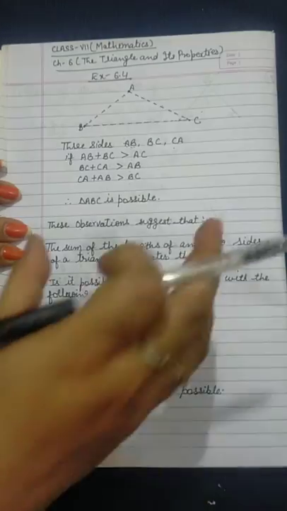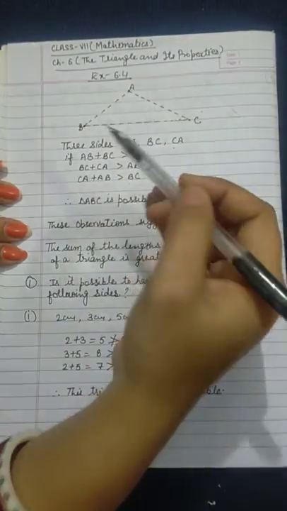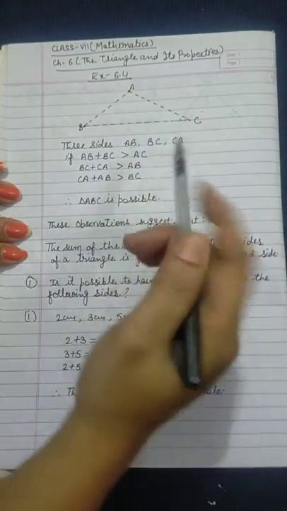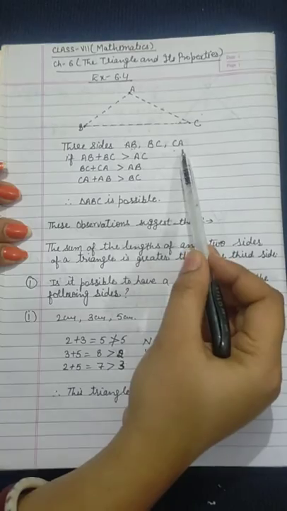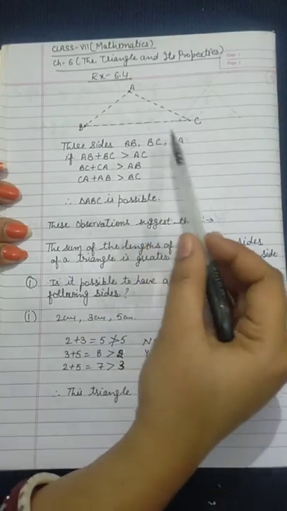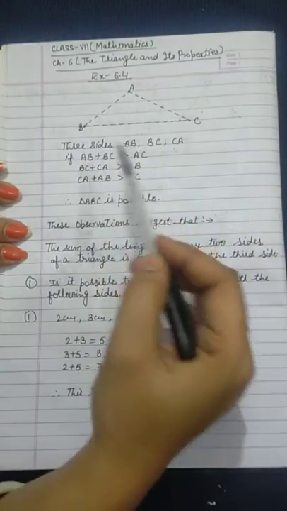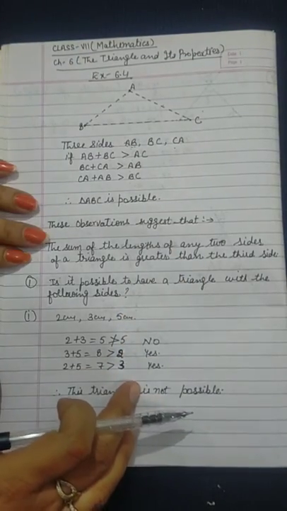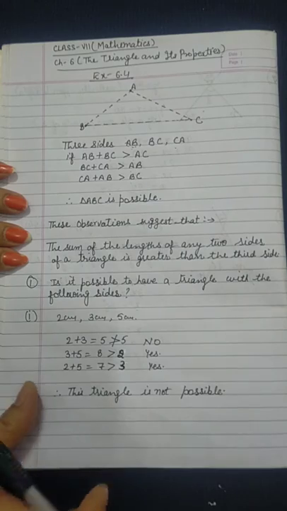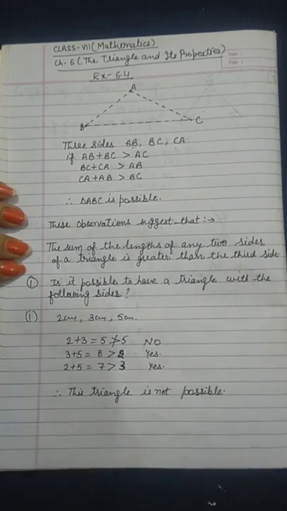That is, AB plus BC greater than CA, BC plus CA greater than AB, and AB plus CA greater than BC. When the sum is greater than the third side in every case, the triangle is possible, otherwise it is not.